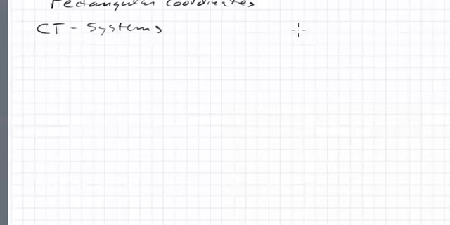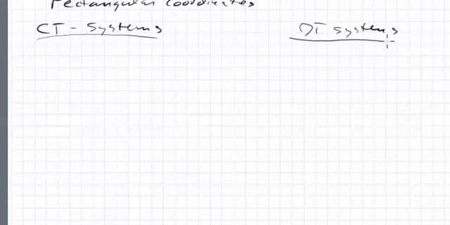So let me draw a little table here. Continuous time systems on the left, discrete time systems on the right, and just do a little comparison. So this is stuff that we should know. First of all, let's talk about frequency response.